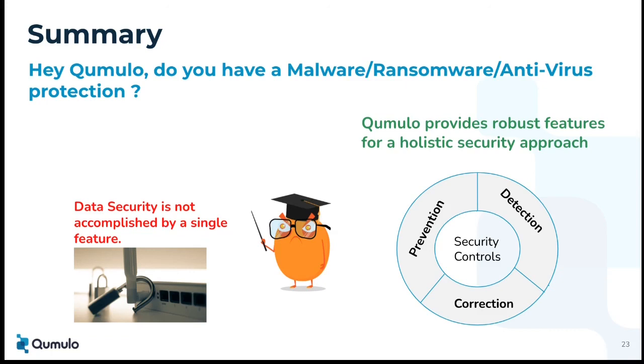You need to be able to detect what's going on and what was going on in the past, so we support that predominantly with our auditing functionality. And then you probably want something that helps you in case an attack has been successful. You want features that allow you to roll back to a different point in time. We have that through snapshots, through replication, through backup, and through copying data to an S3 bucket.